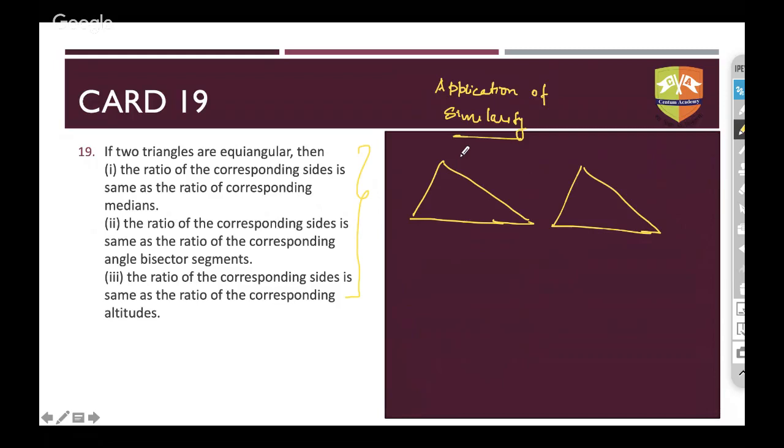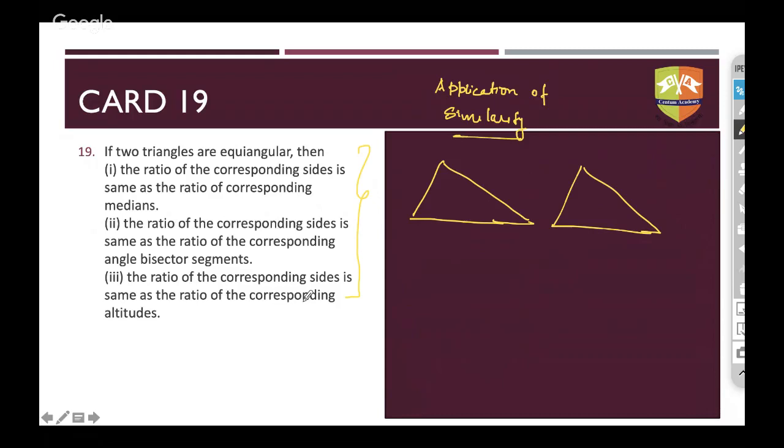Could you go back to card 12? Are we allowed to use angle bisector theorem in boards without proving it in another problem? Okay, I'll go to card number 12 once again, no worries. But I'm also running short of time, so let me complete the entire thing and I'll go back. I would recommend not to do that.